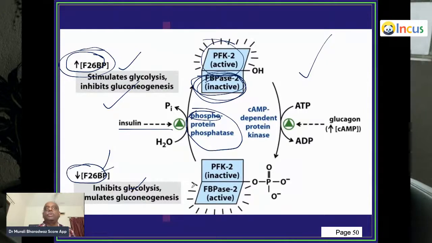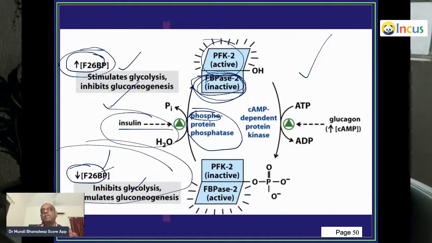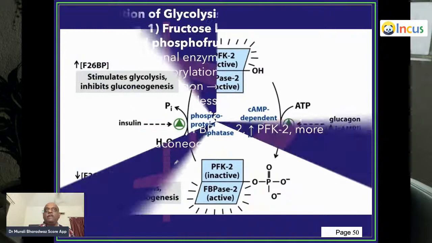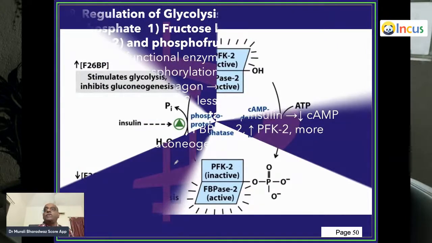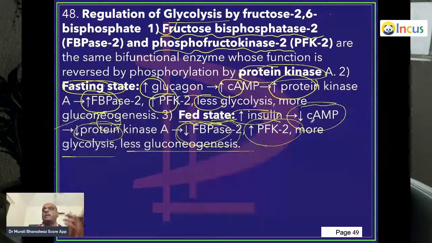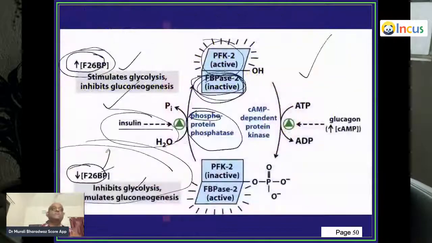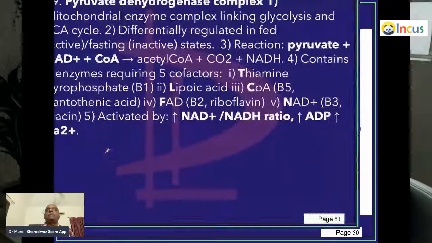Agreed, doctor? So this is very, very important to remember. So whenever insulin is acting, what is the function of insulin, doctor? Whenever insulin is increased, it decreases cyclic AMP, decreases protein kinase A, decreases fructose bisphosphatase activity, and that leads to more glycolysis and less gluconeogenesis, is what you need to remember.